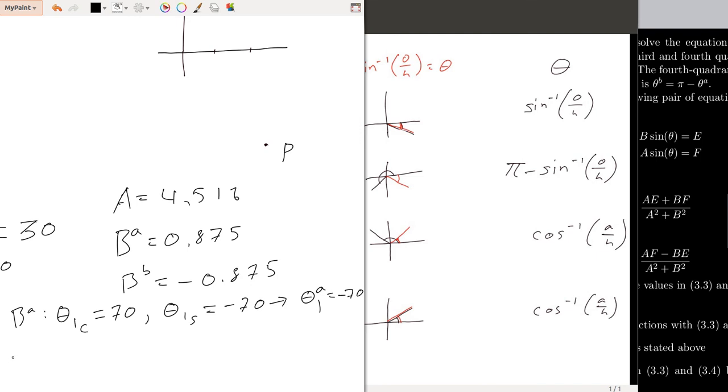Okay, so now we have 3 out of the 4 angles that we need, and we're going to look at scenario B where we have theta 2b. In this case, the inverse cosine function gives us 48.07 for theta 1, and inverse sine gives us negative 48.07.